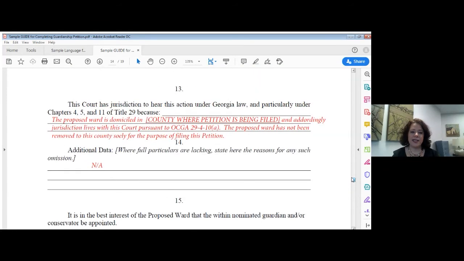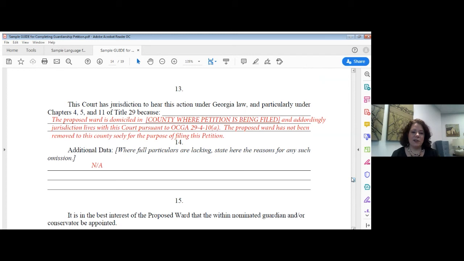All right, coming to the end here. Section 13. Go ahead and just copy this word for word when you're ready to file your petition. Again, this has to do with making sure that no one is venue shopping. Say, hey, gosh, Fulton County Probate Court is really bogged down, and I heard that Gwinnett is faster. So let's go up and rent an apartment in Gwinnett and then file for guardianship.